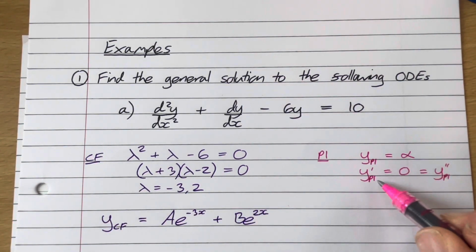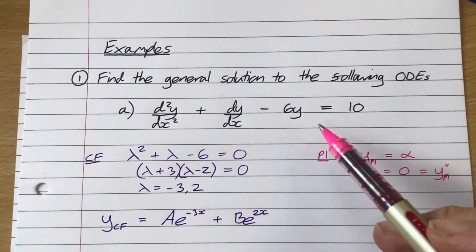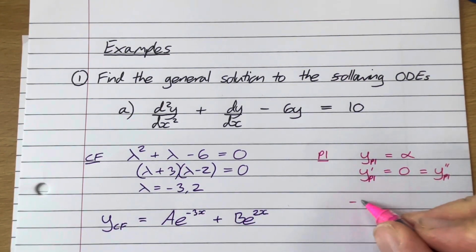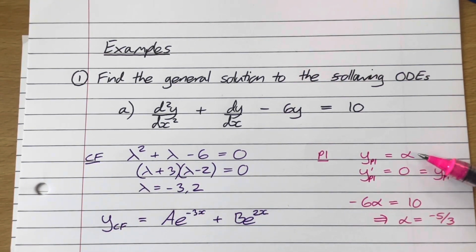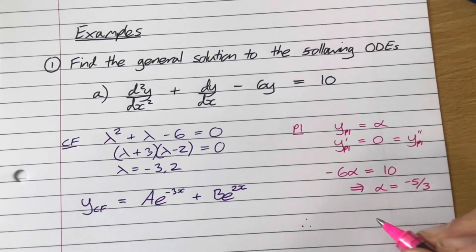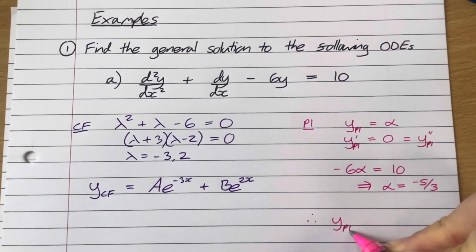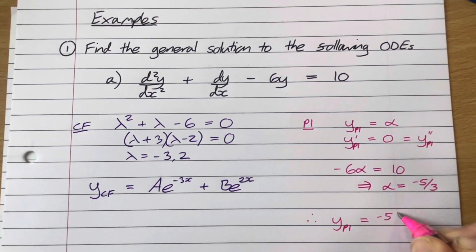If I now take these three definitions and run them through the differential equation, I will get minus 6 alpha equals 10, which gives me my numerical value of minus 5/3 for alpha. That then is my particular integral, because the particular integral was just alpha. Therefore ypi equals minus 5/3.